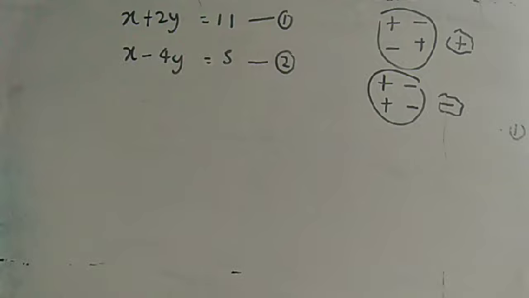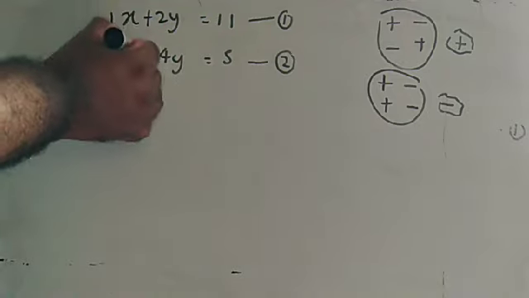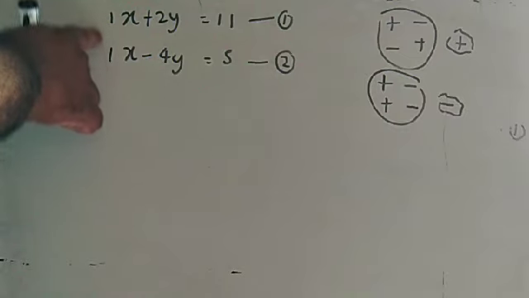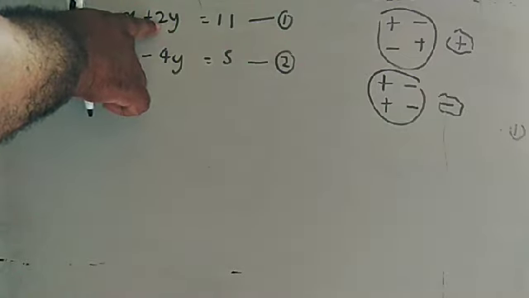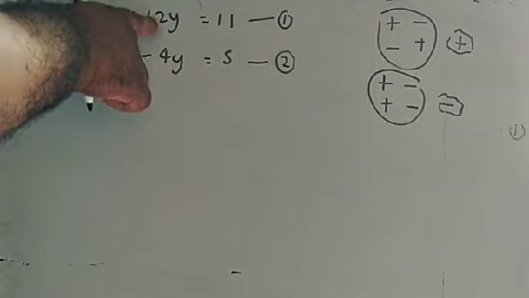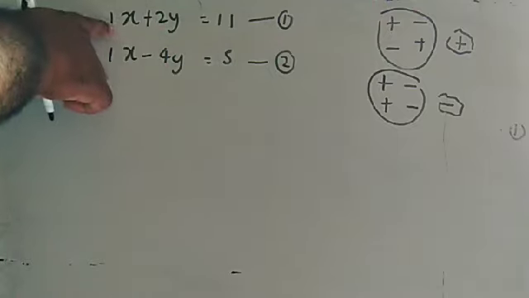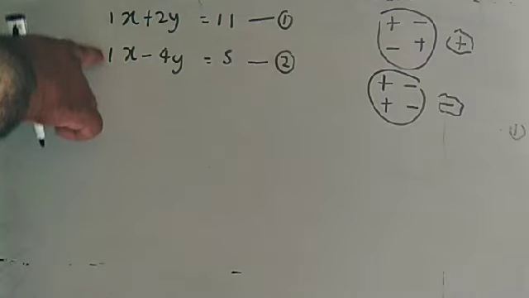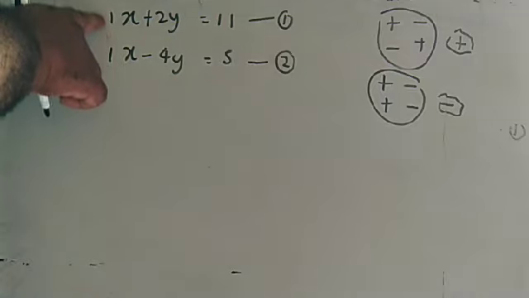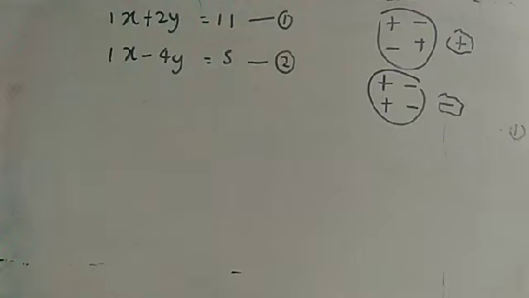Then here the coefficient of x is 1, the coefficient of x is 1. The coefficients are equal. But the coefficient of y is 2 and the coefficient of y is 4, then unequal. The coefficients of x are equal, and plus signs are there, right?